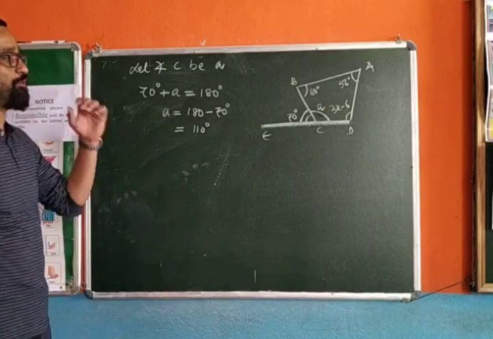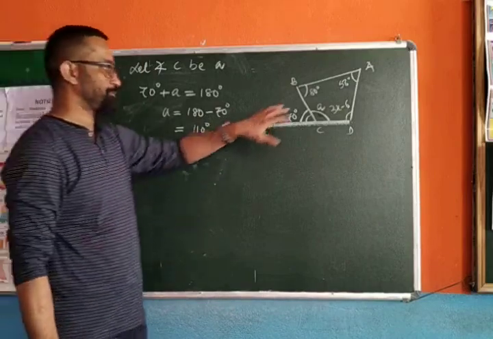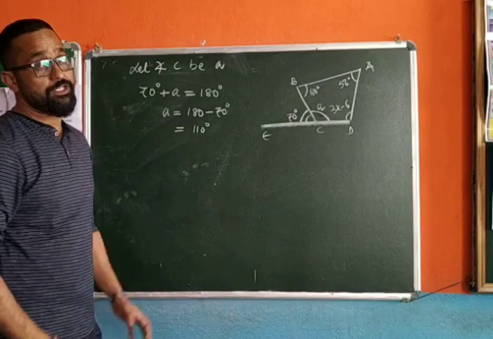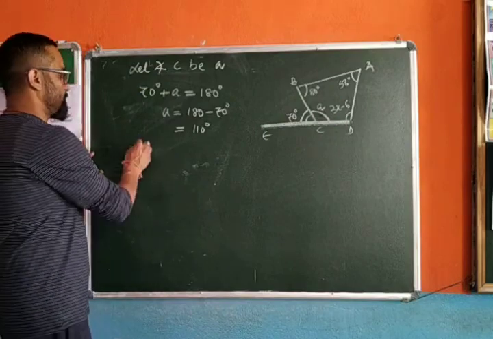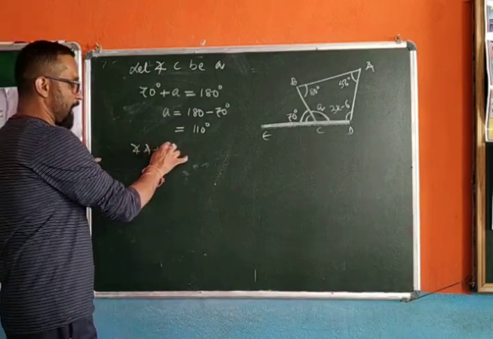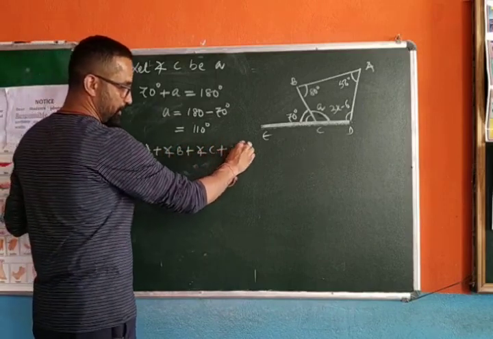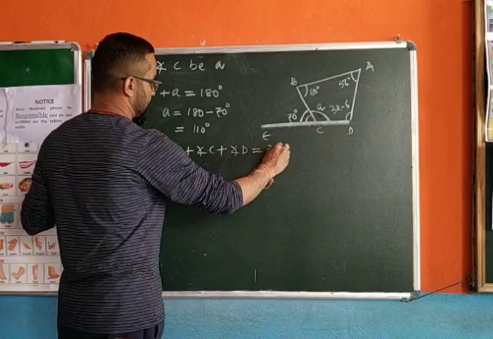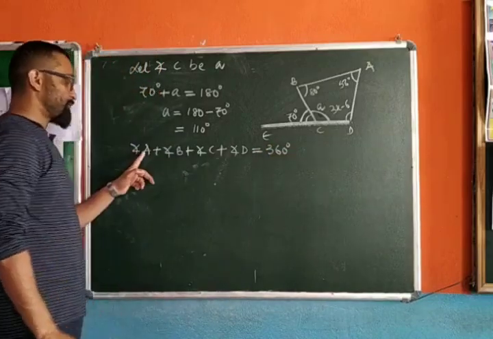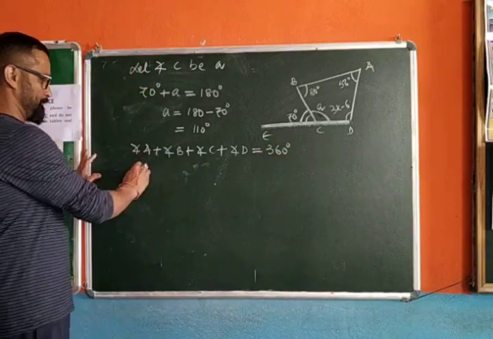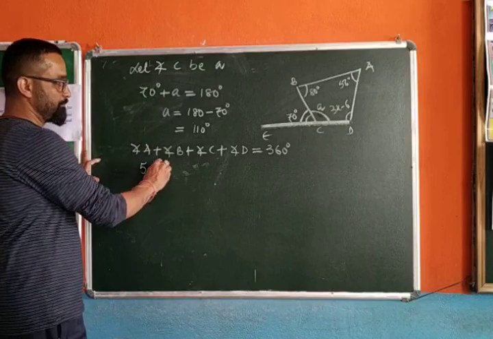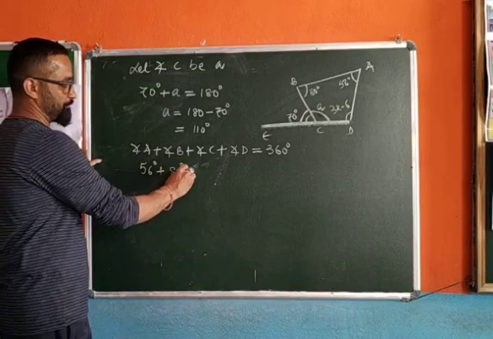We know the value. Now we use sum of the interior angles of quadrilateral. Angle A plus angle B plus angle C plus angle D is equal to 360 degree. Substitute A, 56 degree. B is 80 degree.